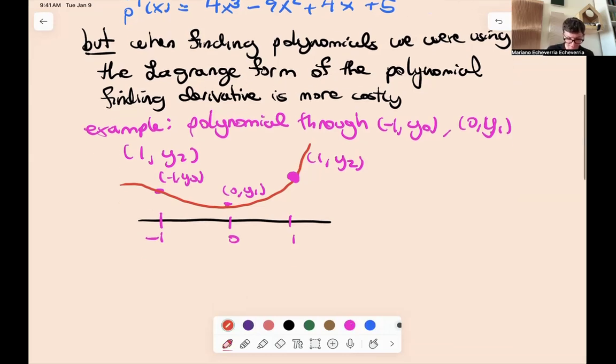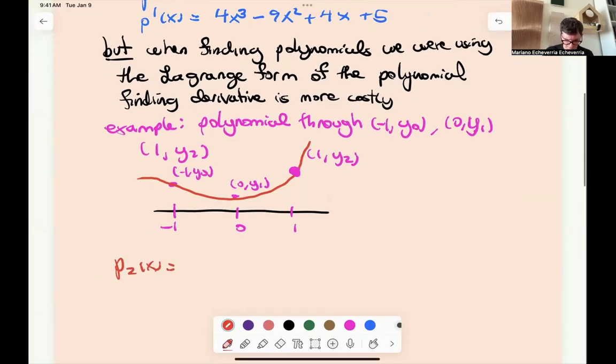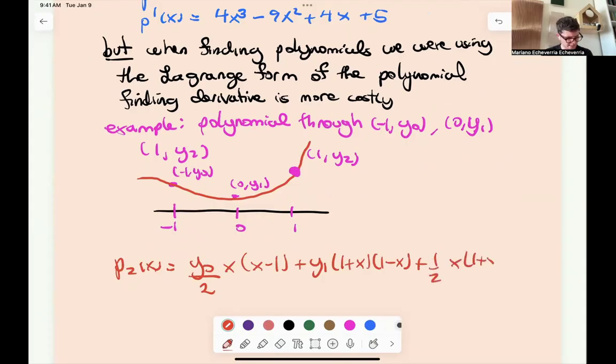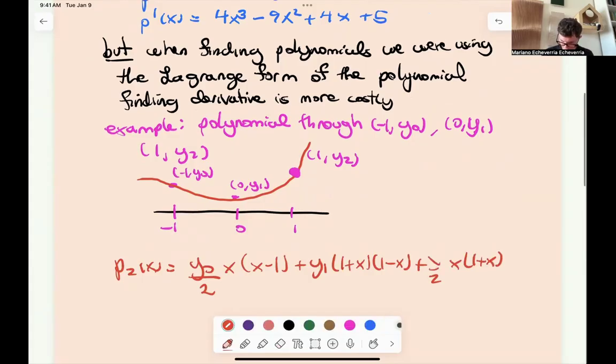If you use the Lagrange form, it's not a super long calculation. It's not too bad to find. If you use a Lagrange form of the polynomial, then in Lagrange form, the polynomial looks something like this: 1 plus x, 1 minus x, plus 1/2 x, 1 plus x, and well, let's put the y2 here.